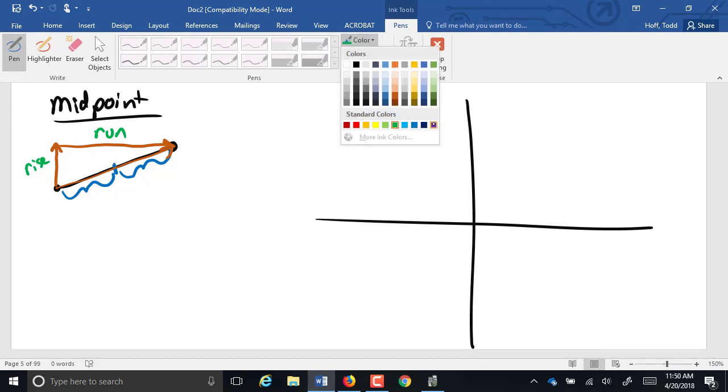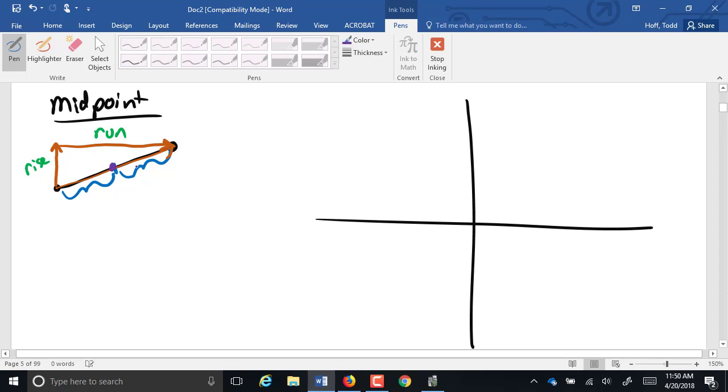The midpoint then of the whole segment is a combination of the midpoint of that vertical component, the rise, and the midpoint of that horizontal component, the run. So we need to be able to find the midpoint in each direction.